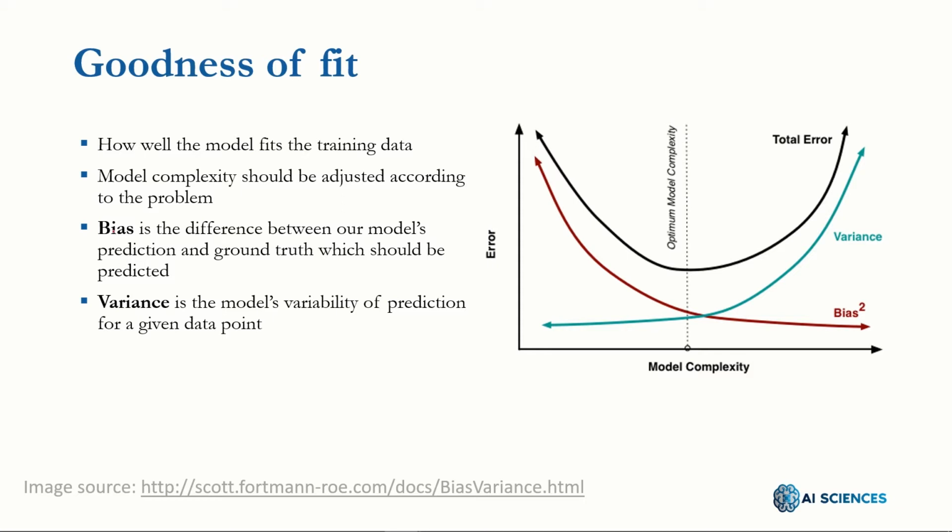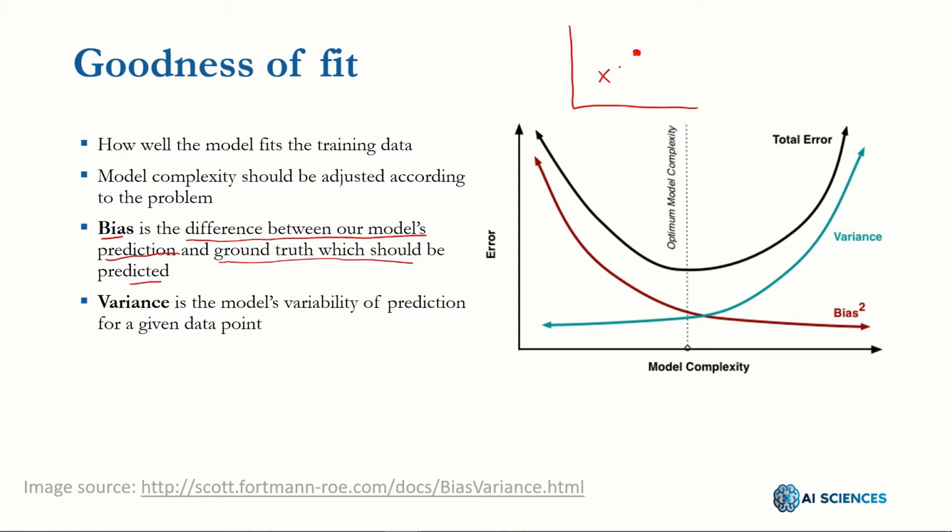So let's see them. The first one is bias. Bias is the difference between our model's prediction and the actual ground truth, what should be predicted. Let me draw a figure here. Let's say the actual underlying reality was here, and our model predicted it as here.